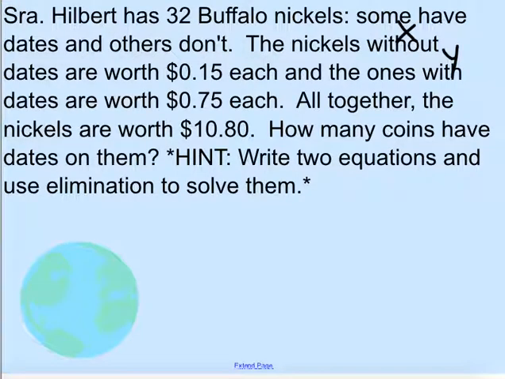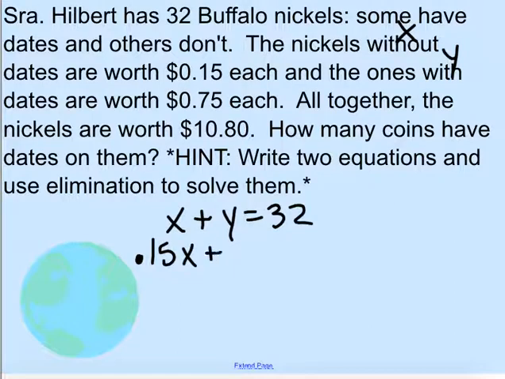So if we have 32 total, the amount without dates plus the amount with dates equals 32. And for the money part, the ones without dates are worth 15 cents each, and the ones with dates are worth 75 cents each, and that's going to equal $10.80.